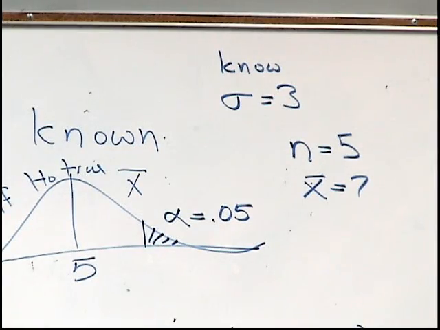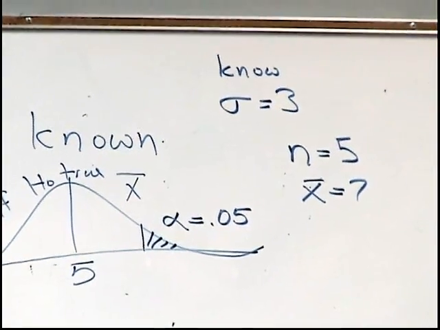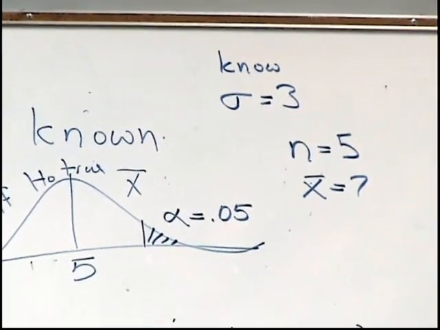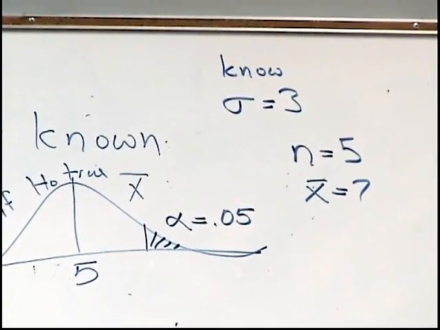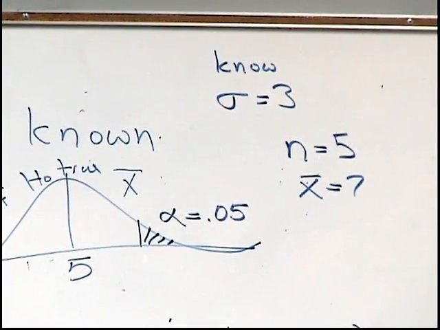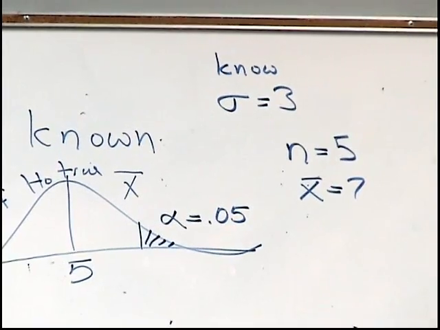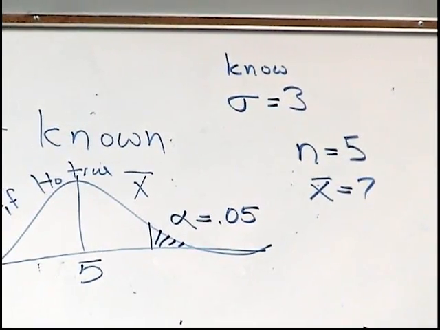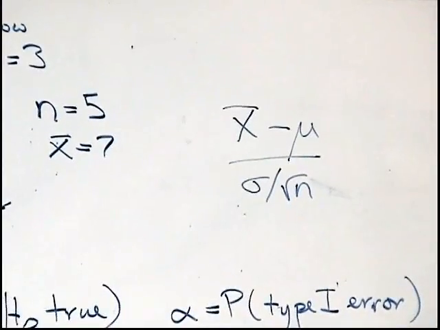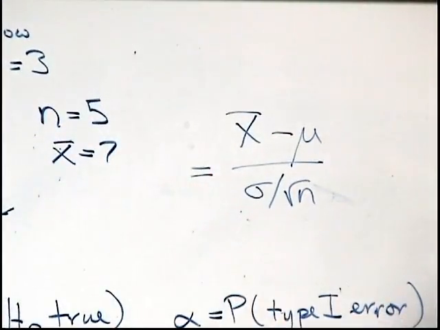Standardized means to do what? Take x bar minus the claimed mean divided by the standard deviation of x bar, which is sigma over the square root of n. What do we call that thing?